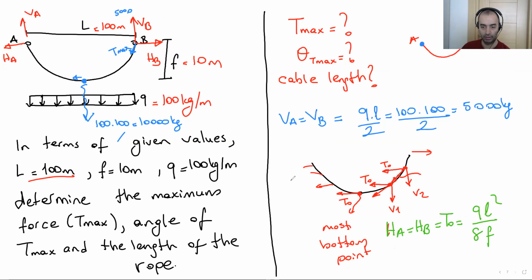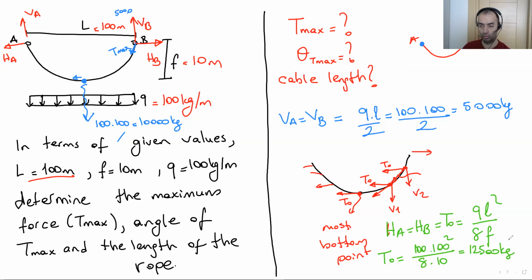So here T0 is Q L squared over 8 times F. What is F? F is 10. And here, the total T0 is 12,500.